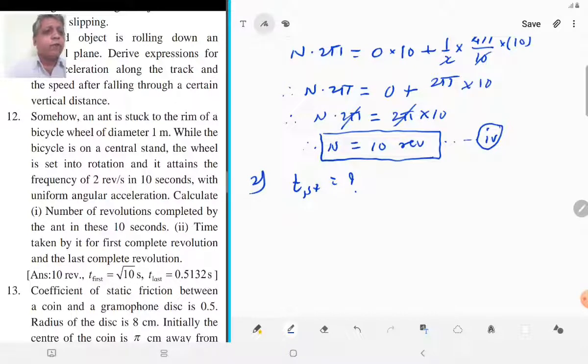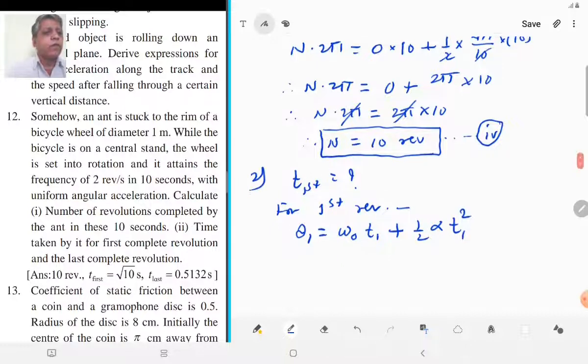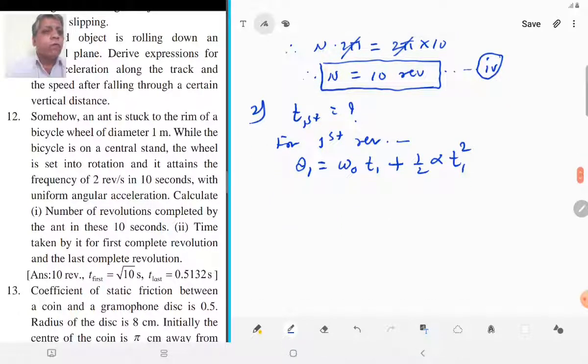For that purpose, for the first revolution, the equation becomes theta 1 is equal to omega 0 into t1 plus half alpha into t1 square. For one revolution, theta 1 is equal to 2 pi radian.